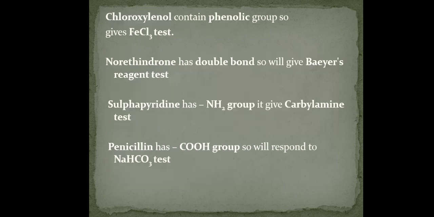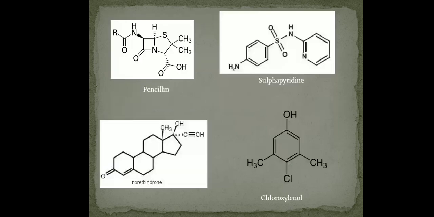Chloroxylenol contains phenolic group, so gives ferric chloride test. Norethindrone has double bond, so will give Baeyer test. Sulfapyridine has NH2 group, it gives carbylamine test. Penicillin has carboxylic group, so will respond to sodium hydrogen carbonate. To prove it, let us see their structure.